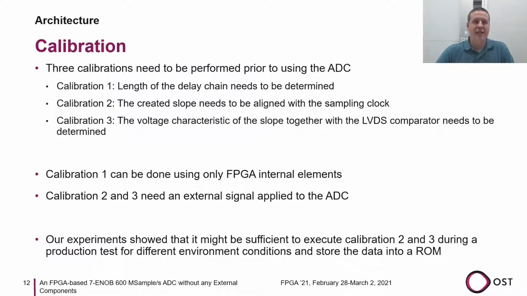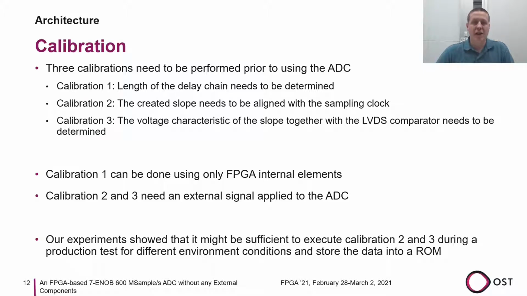3 calibrations need to be performed prior to using the ADC. The first calibration is used to determine the length of the delay chain. With this information, it is then possible to calculate the mean delay for one delay element. The second calibration aligns the created slope with the sampling clock, and the third calibration determines the voltage characteristic of the slope and the LVDS comparator.